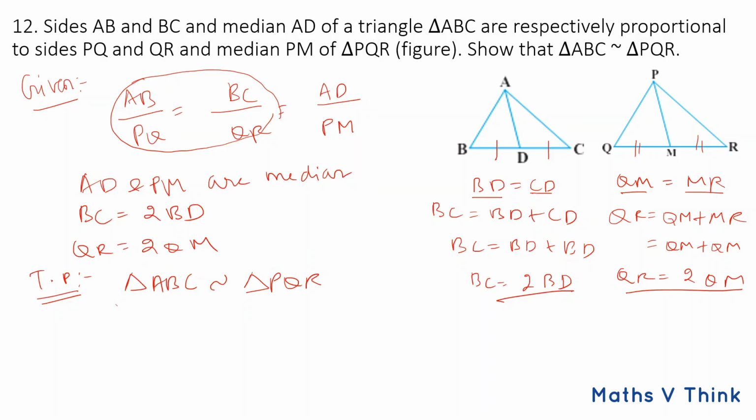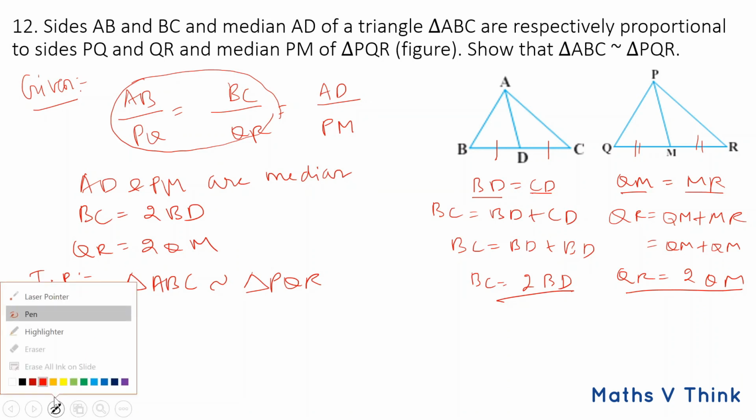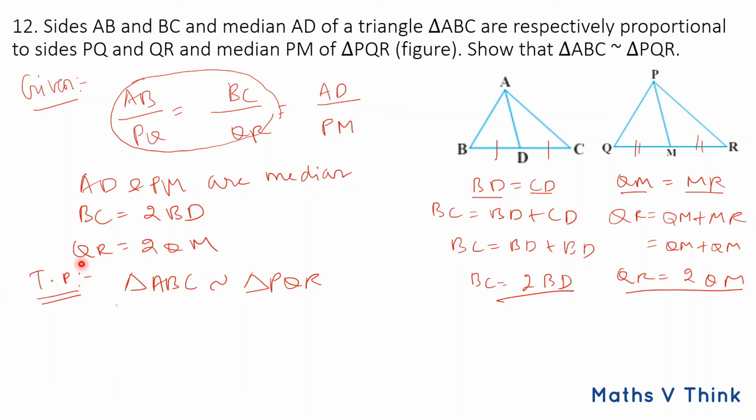Now again I'll summarize the entire problem. So they already gave AB by PQ is equal to BC by QR and AD by PM. They gave these sides are proportional, and we need to prove that triangle ABC is similar to triangle PQR.